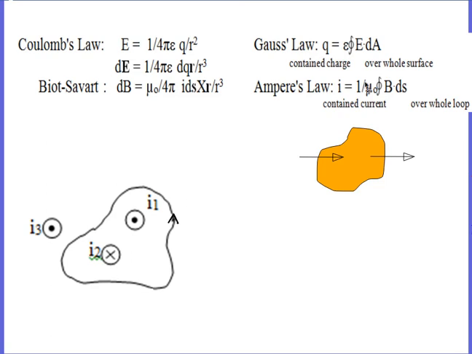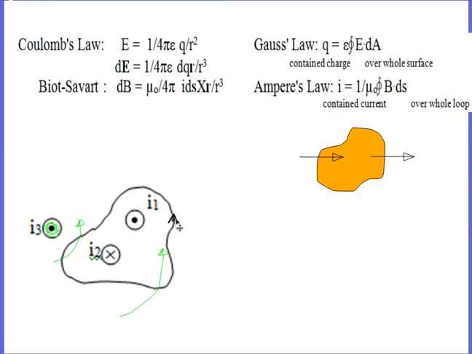Let's consider applying that. Let's start with this external current. And if that current's coming towards us, and so we do the curly straight, and we get that you have this magnetic field.